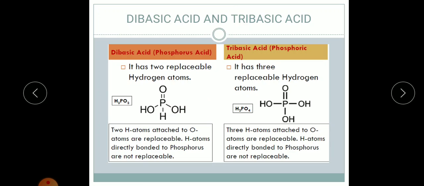Whereas phosphoric acid, H3PO4, is a tribasic acid. In H3PO4 we have 3 OH groups, and it has 3 replaceable hydrogen atoms. These 3 hydrogen atoms attached to oxygen atoms are replaceable.